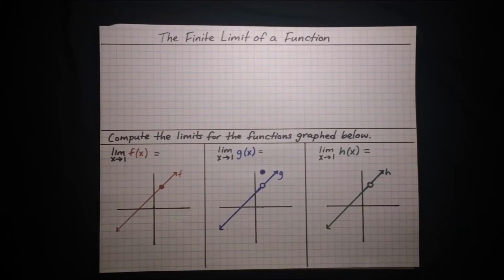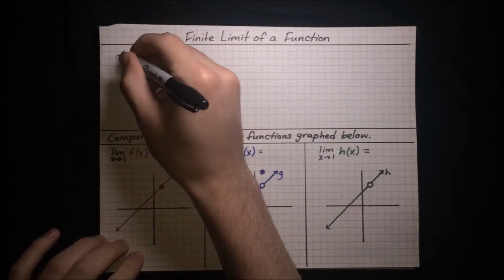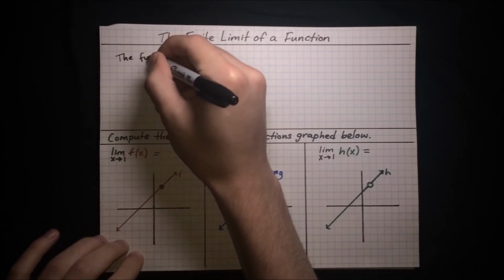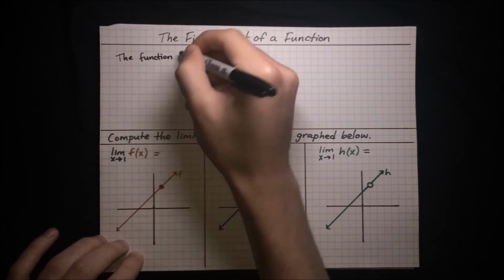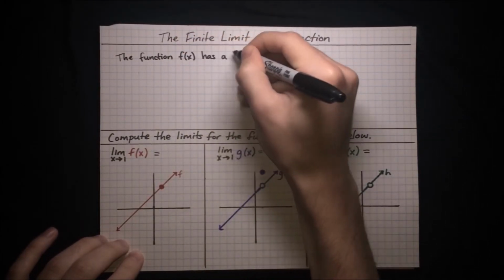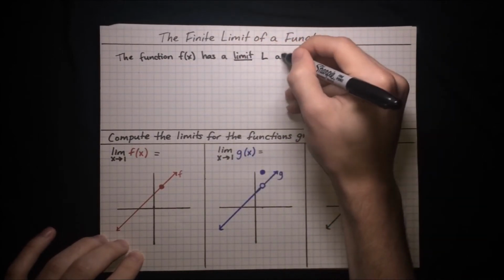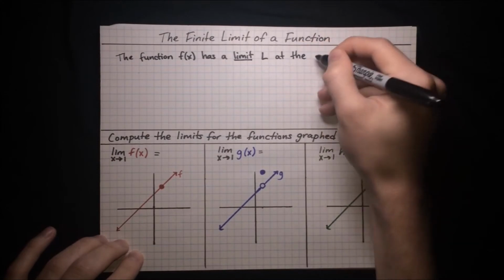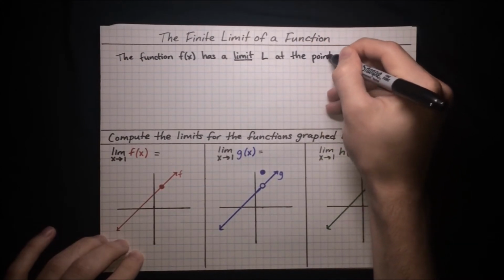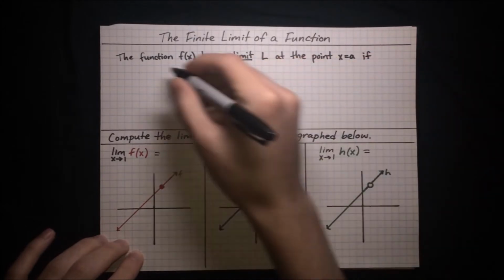In this video, we're going to talk about the finite limit of a function. So here's the definition. We say that the function f of x has a limit L at the point x equals a if the following holds true.